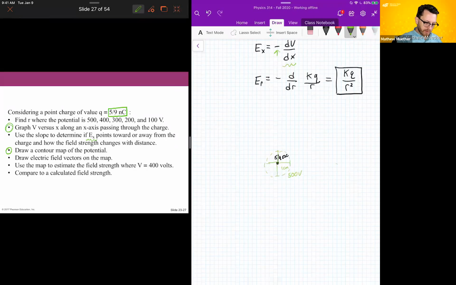So if I'm out here at say 5 centimeters, I know everywhere around this thing, if I'm 5 centimeters away, is going to have that constant 100 volts.